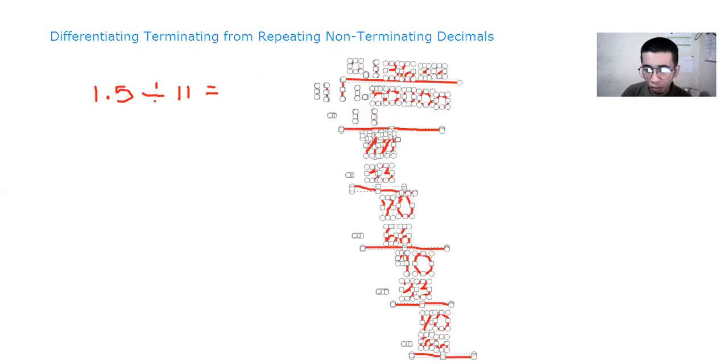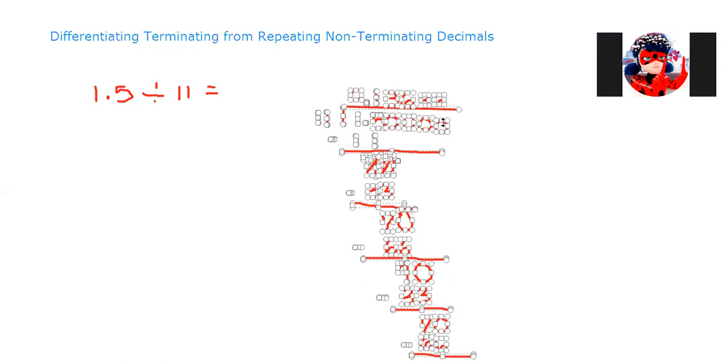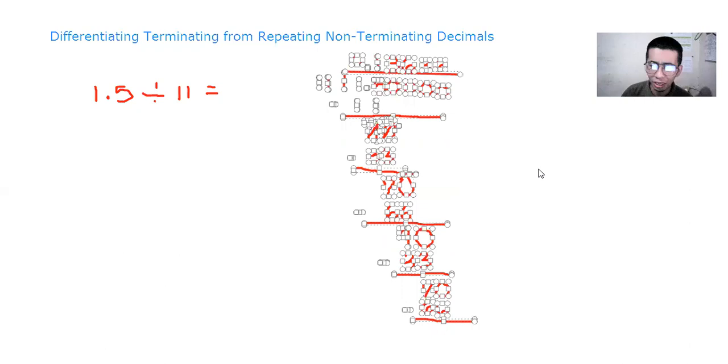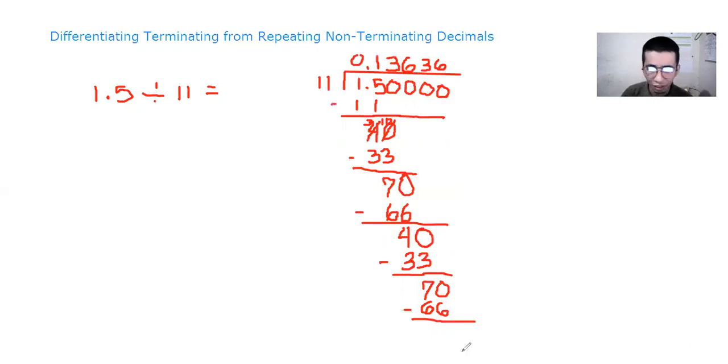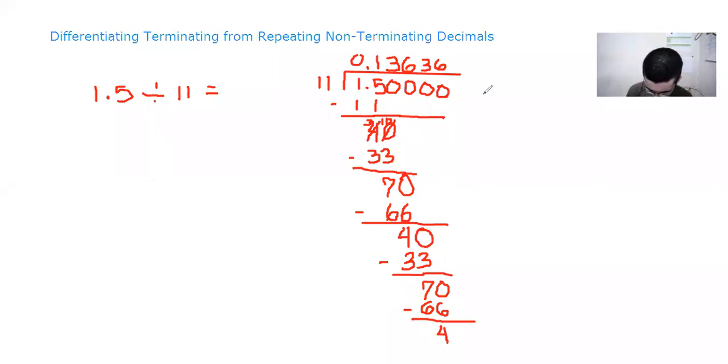Tingin nyo, may katapusan ba ito? Wala po. Wala siyang katapusan. Bakit niya sabing wala siyang katapusan? Kasi po paulit-ulit, maraming zero. So, paulit-ulit na lang siya sa anong number? 4, 6, 7, and 3.